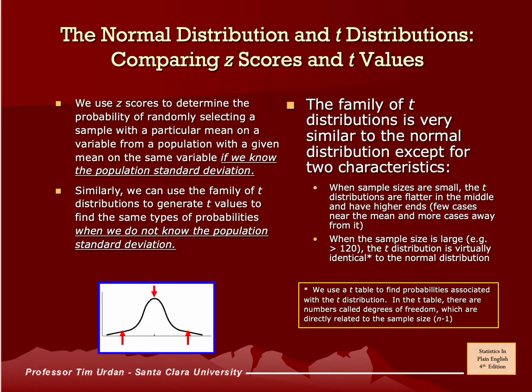When the sample size is large, so let's say like 120 or more, then the t-distribution would be virtually identical to the normal distribution. So the bigger the sample size, the closer we're going to get to that normal distribution and being able to use a z-score. Now be really careful when you're using your tables, because you have to use a t-table if you're doing a t-distribution to find probability, and you have to use a z-score table if you're doing a probability with z-scores.